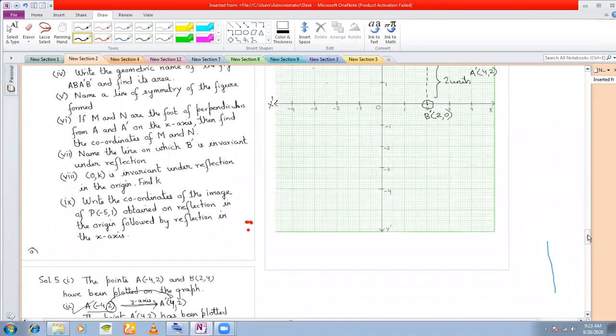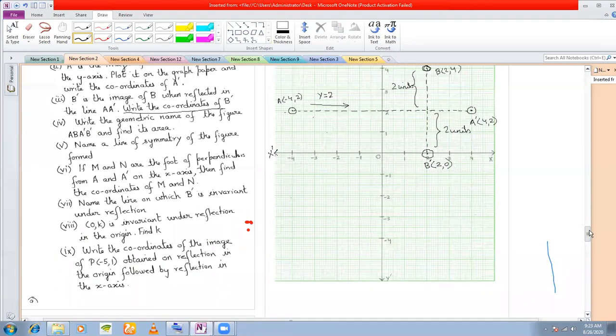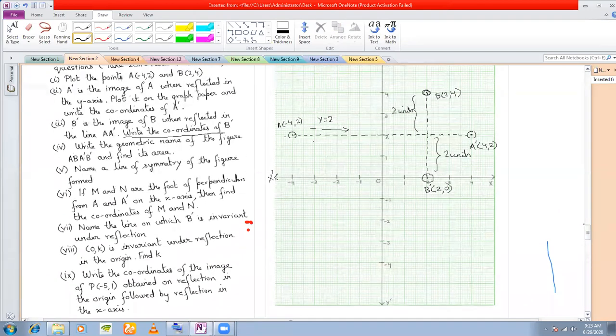Next question. Write the geometric name of the figure AB A dashed B dashed.